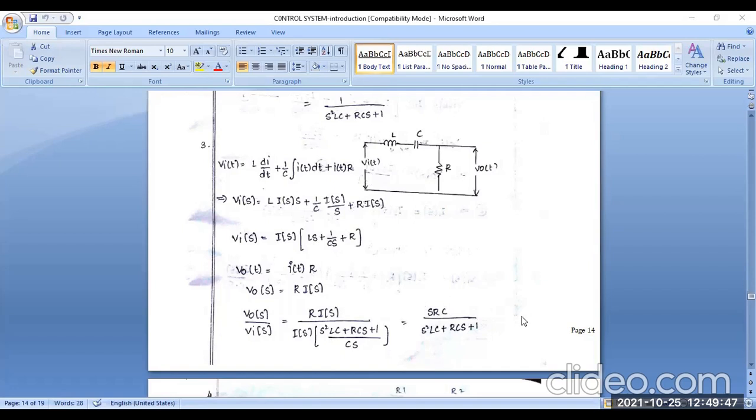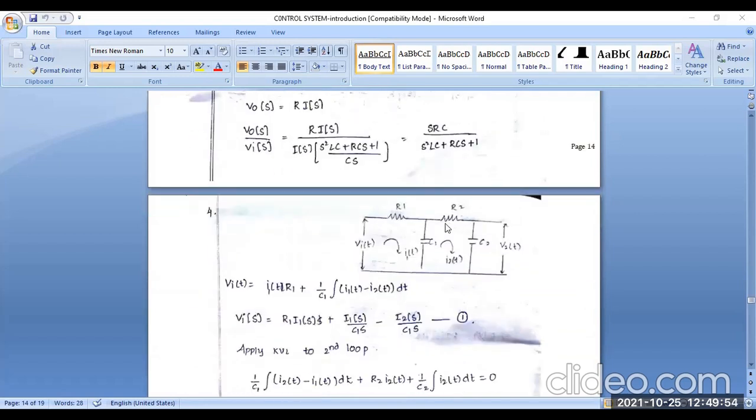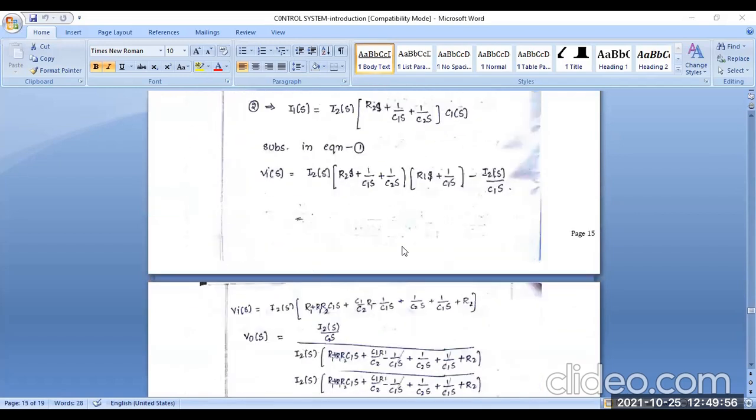So this is the complete transfer function equation of the given circuit, that is the LCR circuit. And so on. There are lots of examples present.